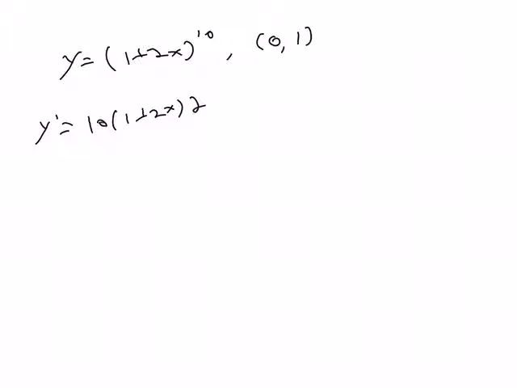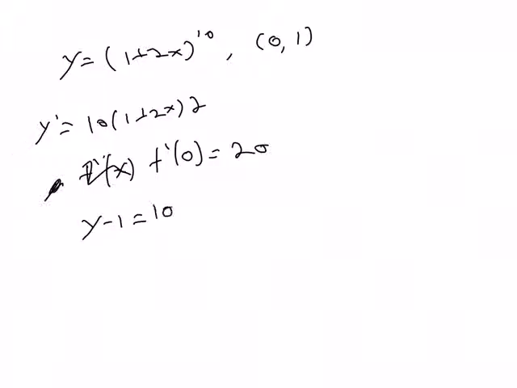So at the point 0, so f prime of x at 0, f prime of 0 is going to be 10, it's going to be 20, right, and so then we're going to have y minus 1 is equal to 10x, and that's the equation.